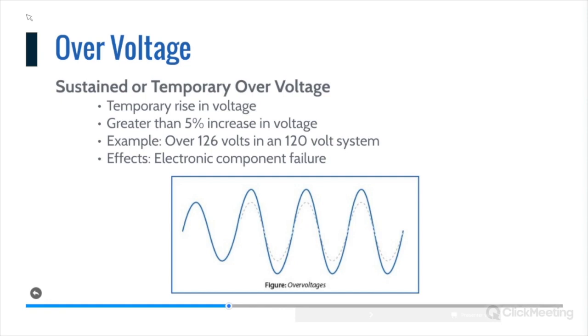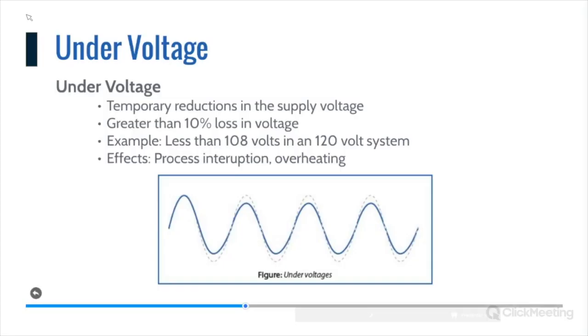Right. So the opposite of that, and which also can happen from the huge loading, is whenever you get huge loads, you can go into an undervoltage event. And an undervoltage is defined as greater than 10% loss in voltage.